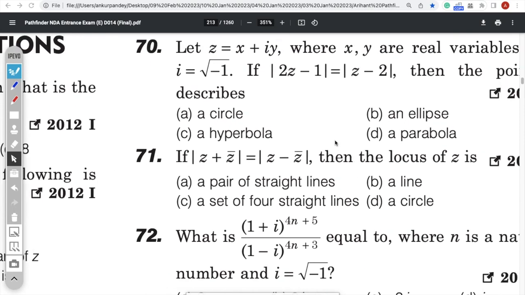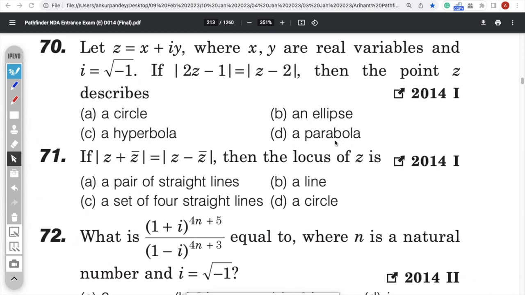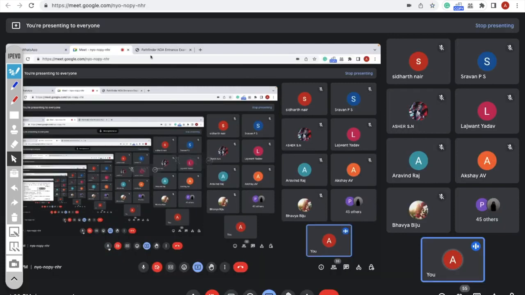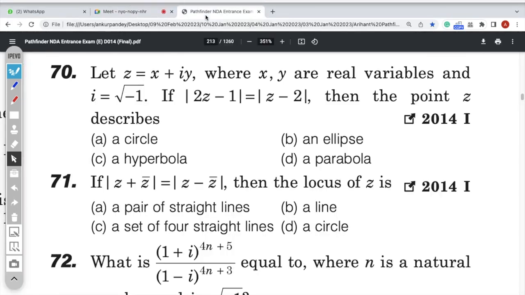Two questions, 70 and 71. Solve them. Not quickly and relaxed, but correctly. Circle, ellipse, hyperbola, parabola.